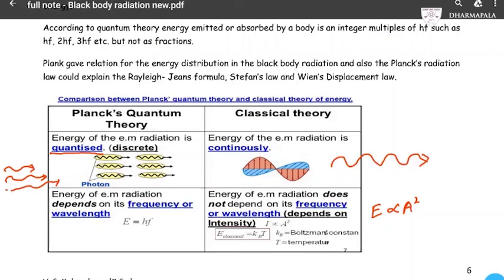But now under the quantum theory, we know the energy depends on frequency. In classical theory, it's the amplitude. In quantum theory, energy depends on frequency.